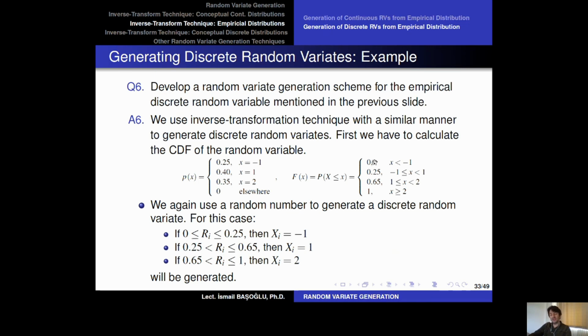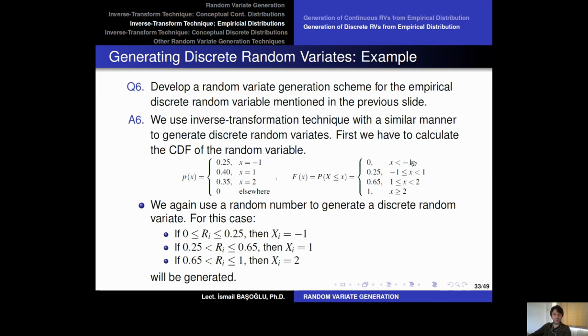Now, what is indicated in this cumulative distribution function, or the CDF? There are three real values that this random variable can take, and we observe jumps in this function at points -1, 1, and 2. So actually it is a continuous function in general, but at these 3 points it is not.